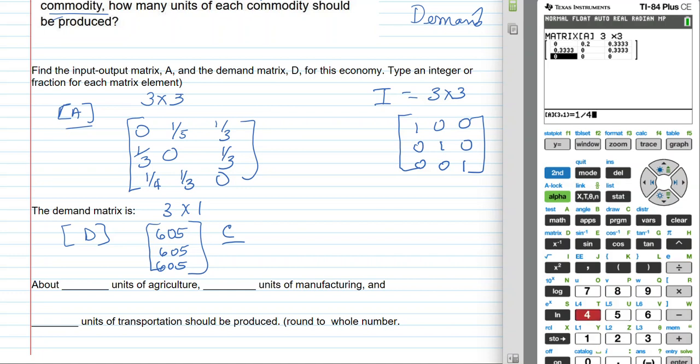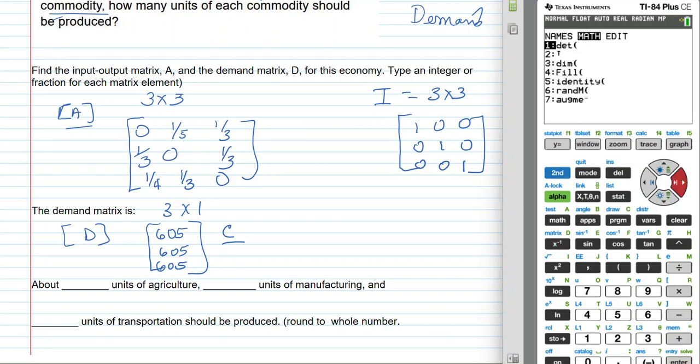Okay, I'm going to do a second matrix. I'm going to edit, and I'm going to do number 2, the B for the identity, and it's going to be a 3 by 3. And I'll do the first ones are good. Only need to do the last one, right? 0, 0, and 1.